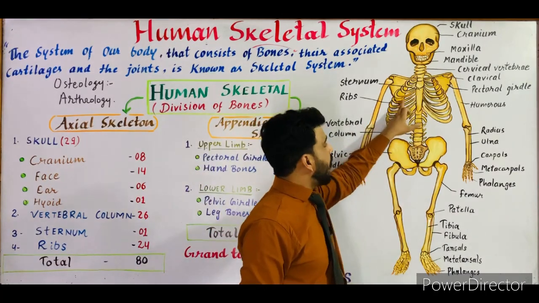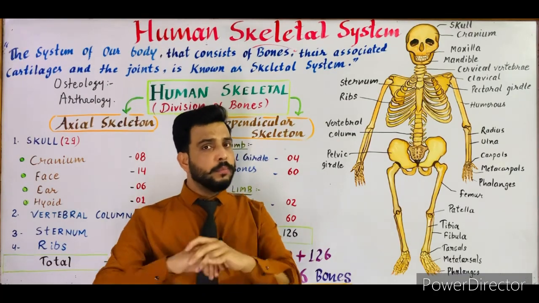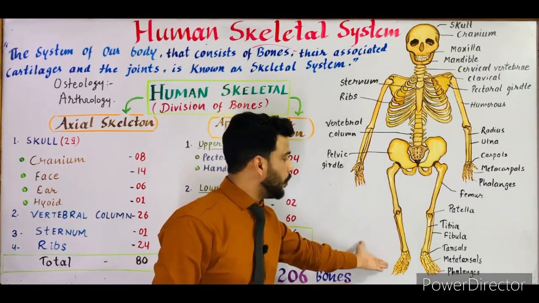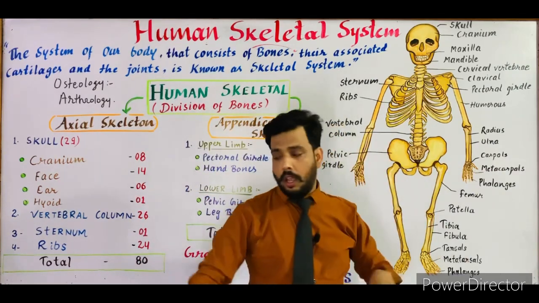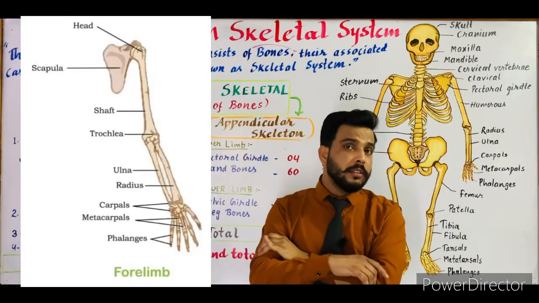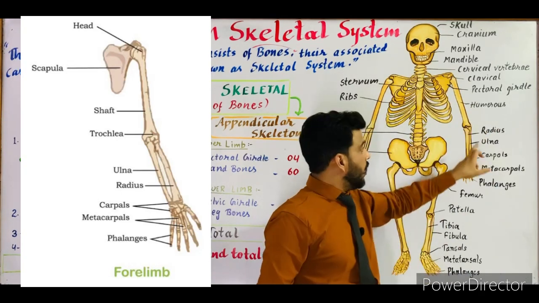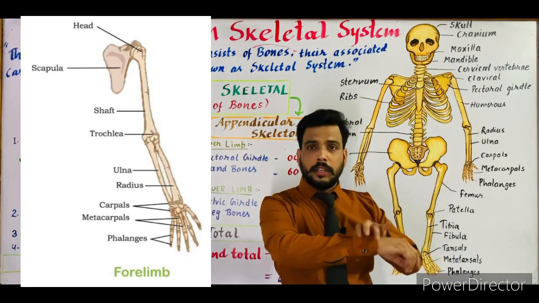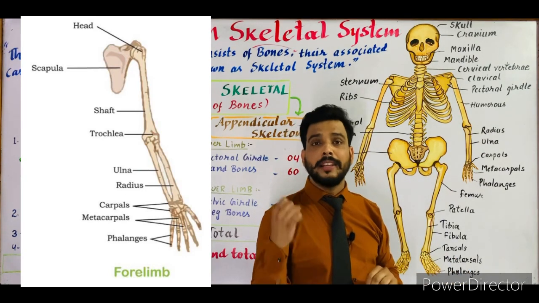Now after the ribs, I will tell you about the limb bones: the forelimb bones or the hand bones, and the hind limb bones or the leg bones. So first of all, the forelimb bones. This bone is known as the humerus. The name is very important. Here two bones are present, radius and ulna, and collectively both are known as radioulna.